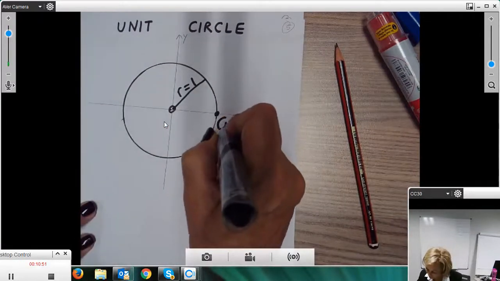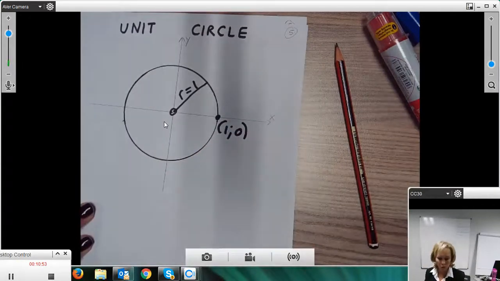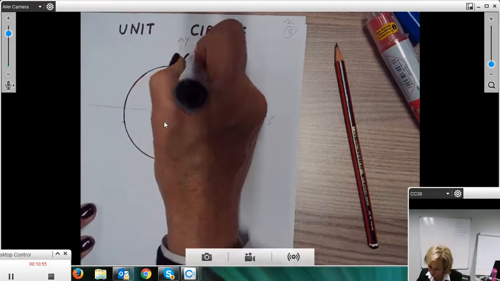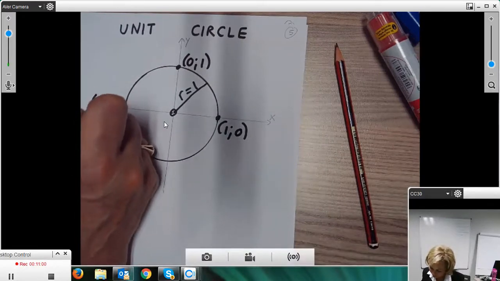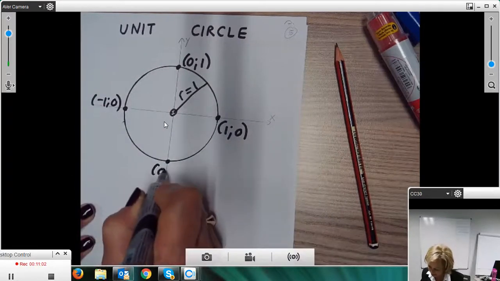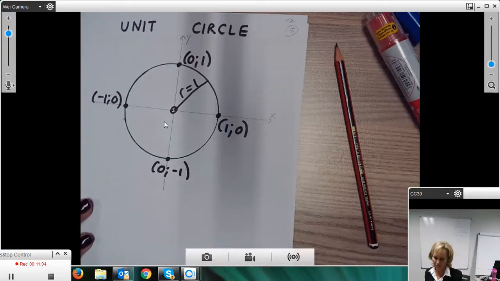So these points will be (1, 0), (0, 1), (-1, 0), and (0, -1).